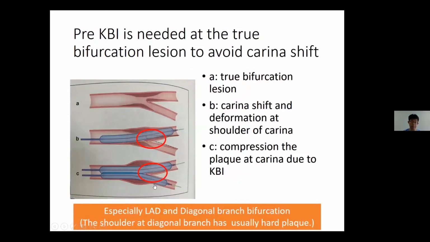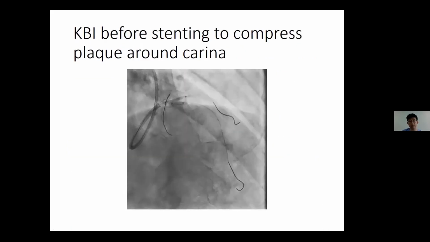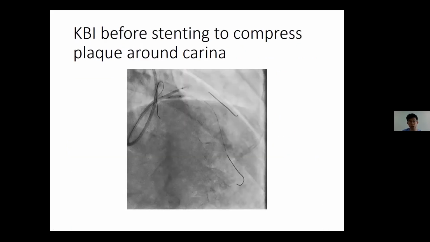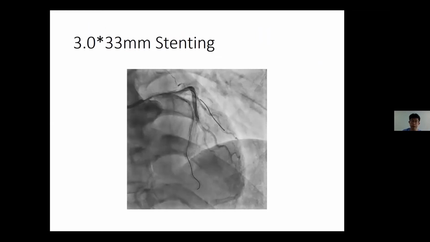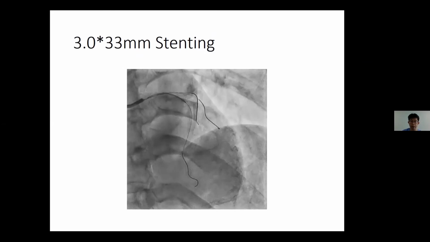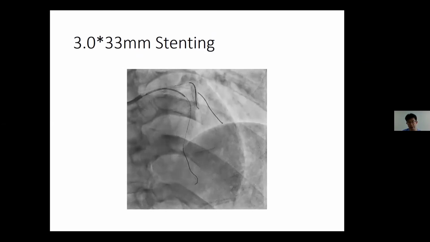So we decided on pre-KBI because this is a true bifurcation lesion, to compress the plaque around the carina and to avoid carina shift here. This is the same image. So KBI before stenting to compress the plaque around the carina, and then we put in a 3.0 or 3.3 millimeter stent, followed by stent IVUS imaging.